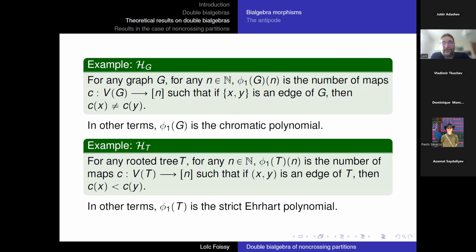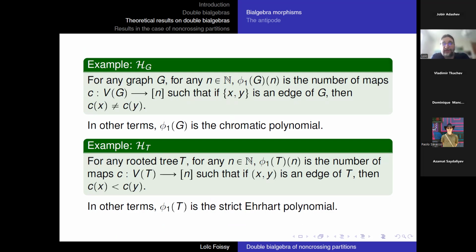And this implies that this fundamental invariant is just the chromatic polynomial of graphs. So this counts something like this. This is the number of colorings. The coloring is just a map from the vertices to a set of integers, for example. And if you have an edge, then the two vertices should have different colors.